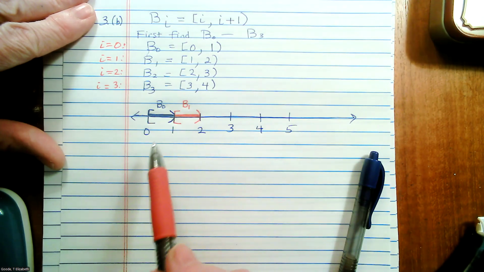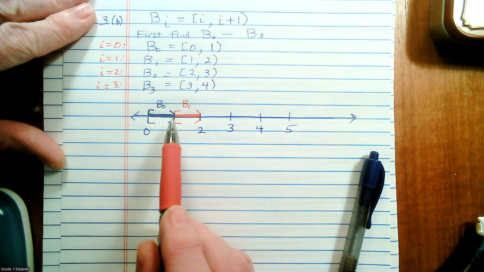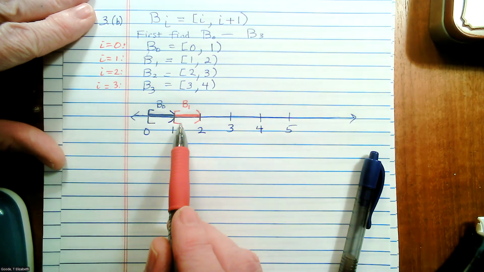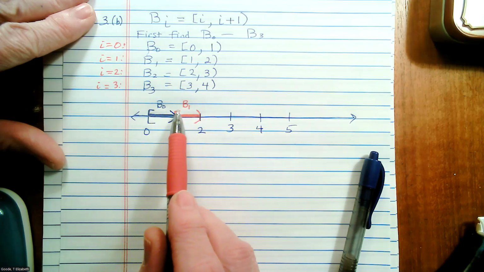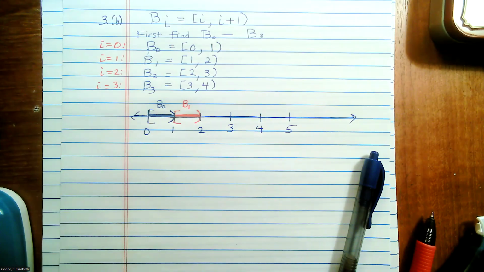They're disjoint if their intersection is empty, if they have nothing in common. I would say that they're disjoint because B0 does not include 1, while B1 includes 1. That's right. And everything in B0 is less than 1, and everything in B1 is 1 or bigger. So they've got nothing in common.